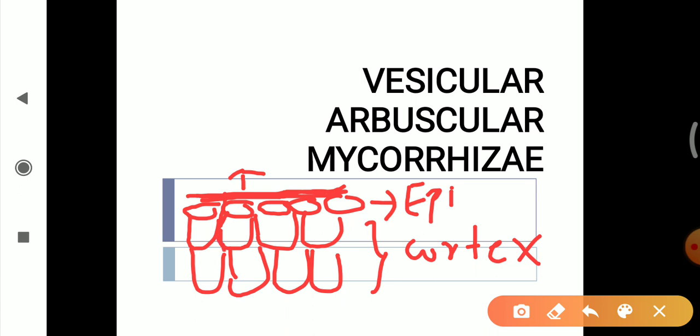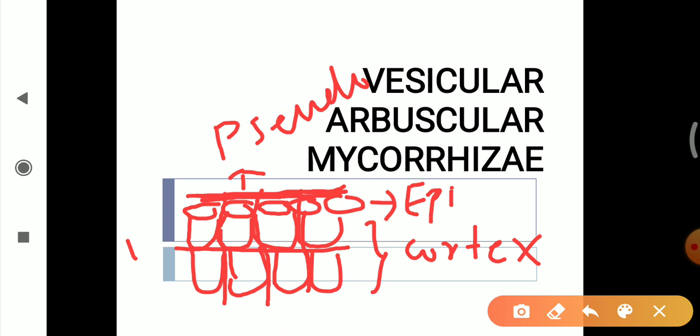From here it will penetrate like this. That is known as the Hartig net. This is the pseudoparenchymatous sheath, and this is known as the Hartig net.